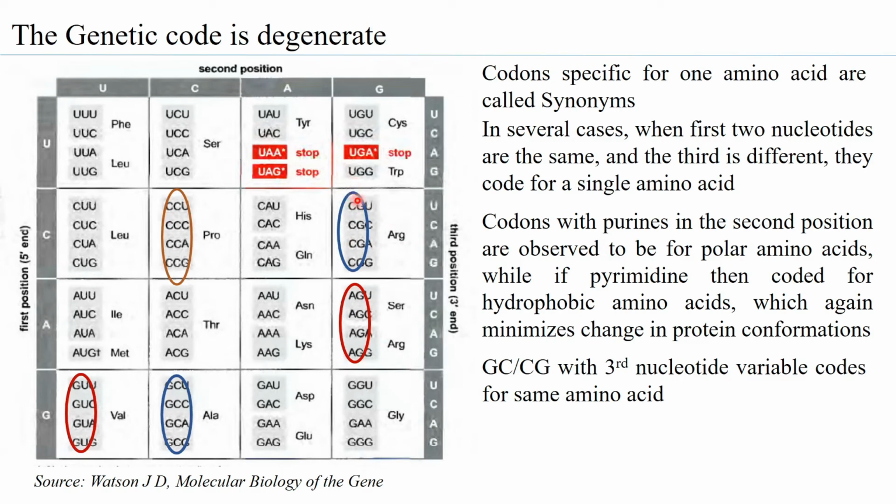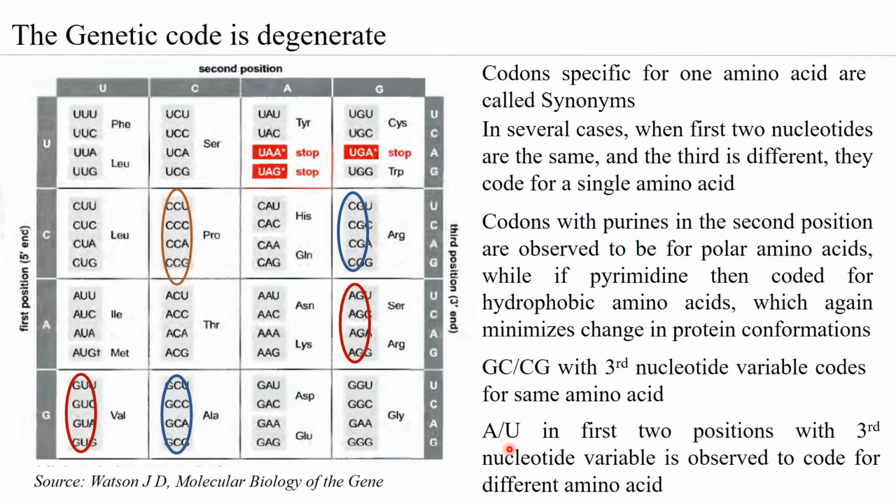GC base pairs have 3 hydrogen bonds. Since they have 3 hydrogen bonds, a total of 6 hydrogen bonds will be formed, which makes the interaction with its anticodon strong. So even if the third nucleotide is not binding strongly, there is an allowance. Therefore, whether it is CGU, or CGC, or CGA, all of them code for the same amino acid.